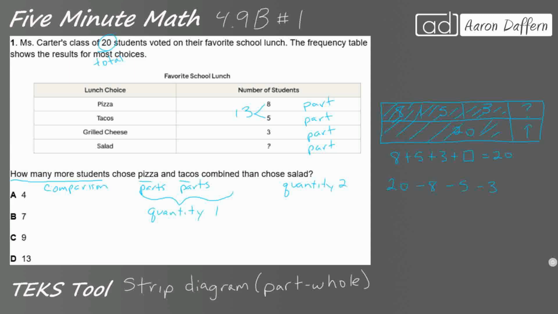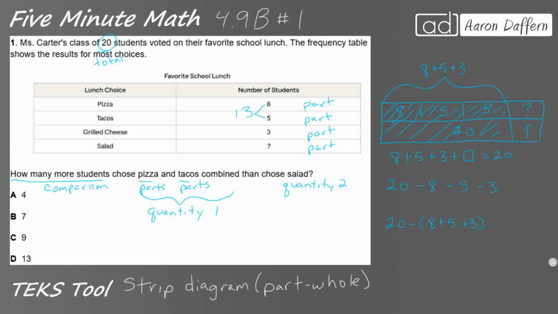Or one other option would be to add these three, 8 plus 5 plus 3, and then once we have that, we can subtract from 20. So either way, it's going to work. I'm going to do this second one, so I only have to do 2 steps. The other one, I'd have to subtract, subtract, and subtract a third time.